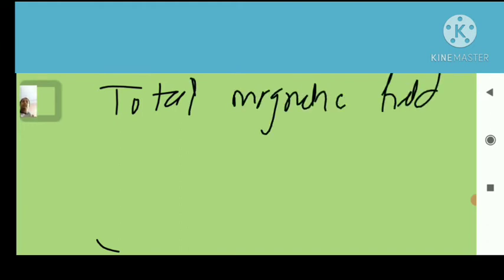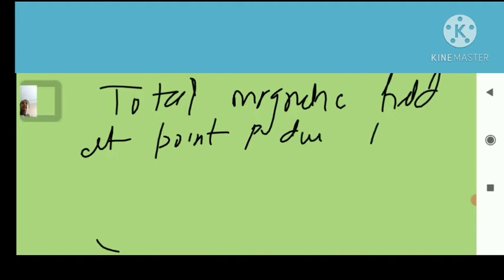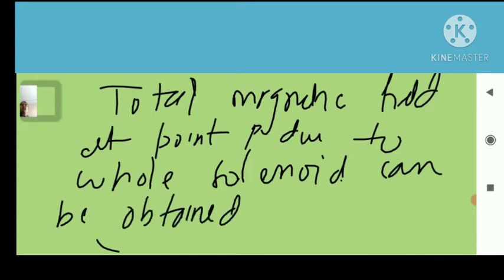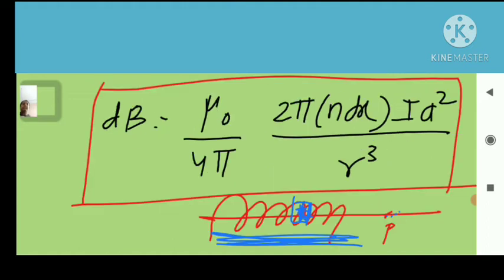So the total magnetic field at point P due to the whole solenoid can be obtained by integrating these previous equations.